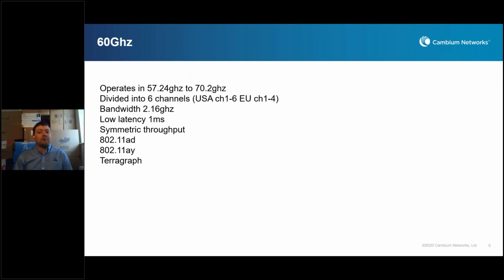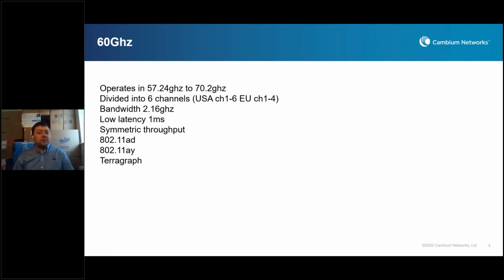It has symmetrical throughput, so effectively it's got the same upload speed and download. The throughput speeds you could be looking at are up to 3.8 gig upload and 3.8 gig download. And then if you look at using channel bonding, you could actually see speeds of 7.5 gig upload and download, giving you a nice backhaul link to work with.